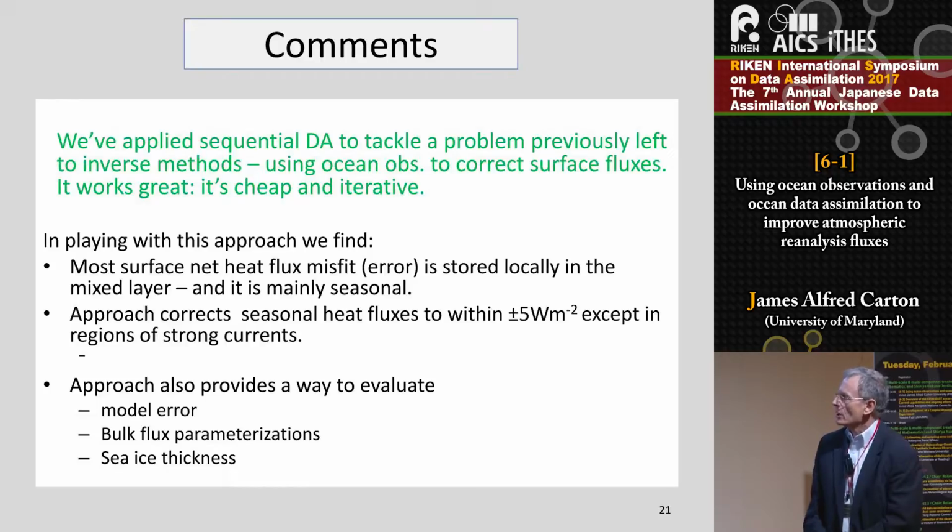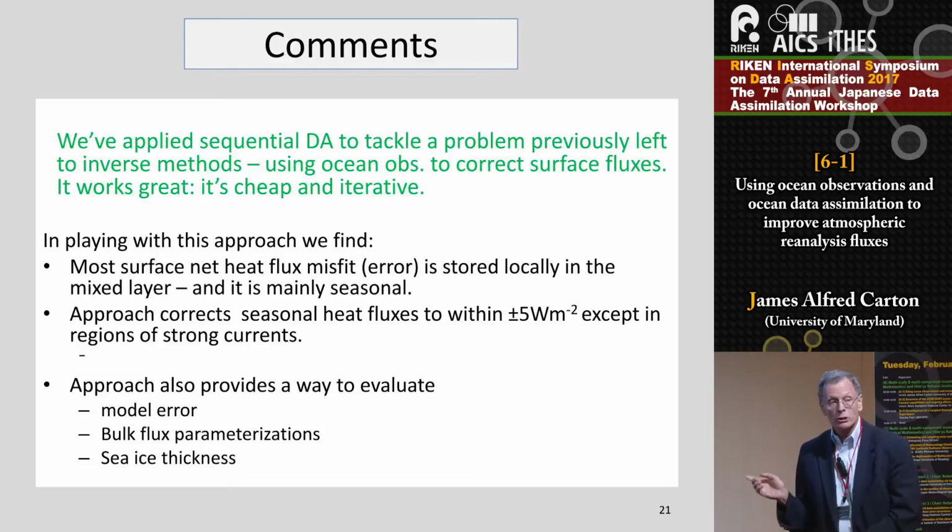And as I say, we think that the 5 watt per meter squared target is doable. We also find evidence of ocean model errors in looking at the increments. Once we get rid of the error due to the surface heat flux, what's left is a lot of that is model error. And we can also use this procedure for selecting among these bulk formulas.